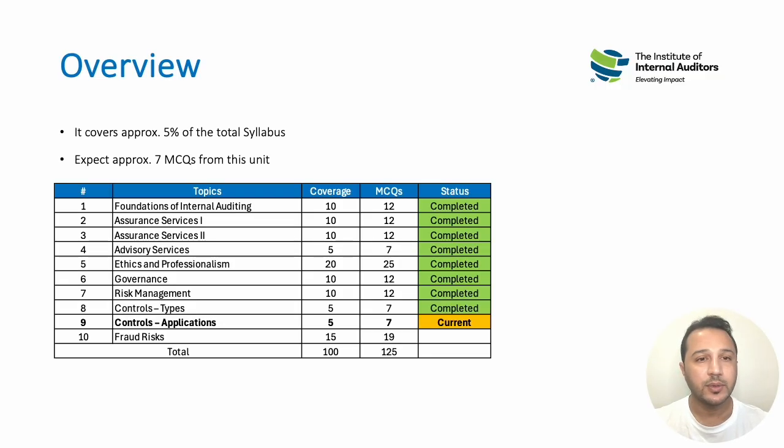Today's topic is control types, and you can expect around 5 to 7 MCQs from this unit, which makes it around 5% of the entire syllabus. So this is a brief snapshot of our journey so far in the CIA Part 1 video lecture series.